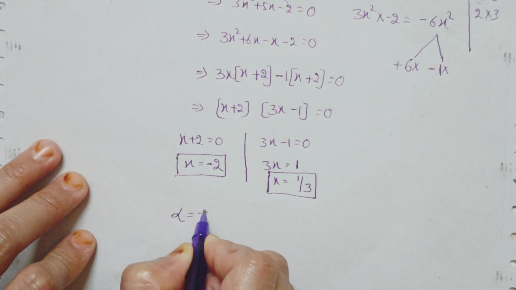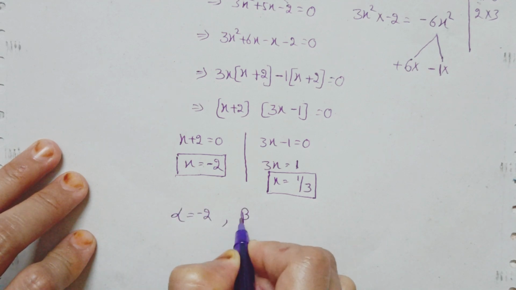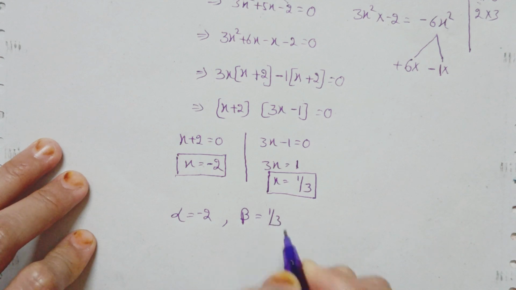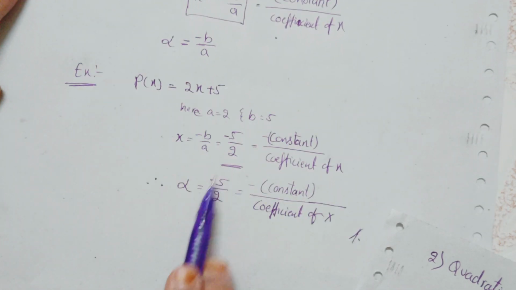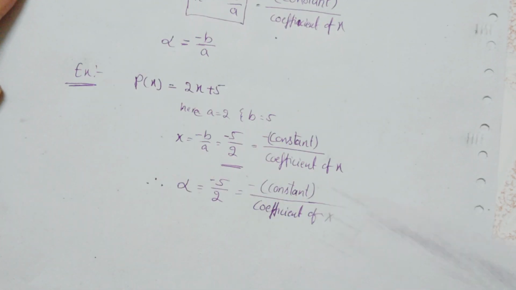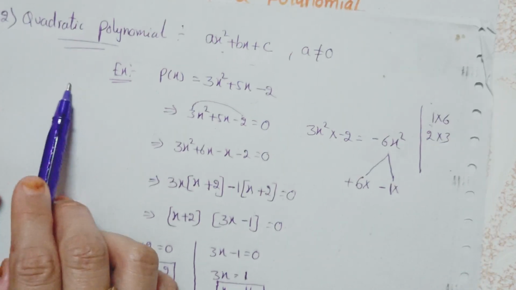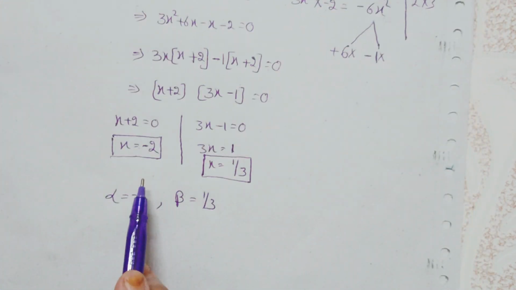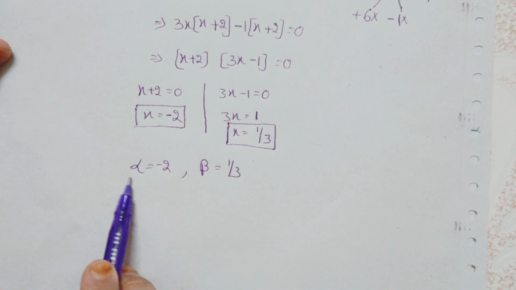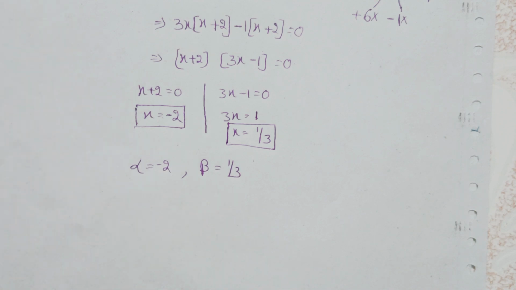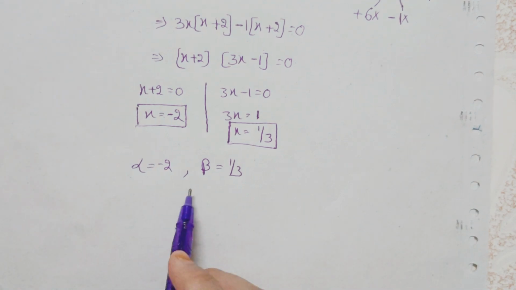So alpha = −2 and beta = 1/3. In the linear polynomial I got only one zero, that's why I took only alpha there. But in the quadratic polynomial I got two zeros, that's why I am treating these two zeros as alpha and beta. Now it's clear.